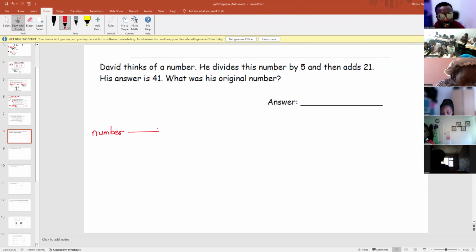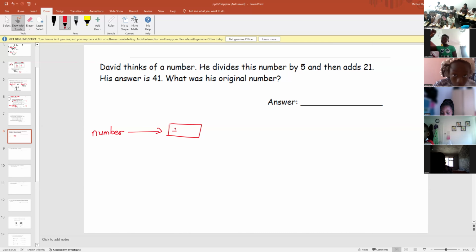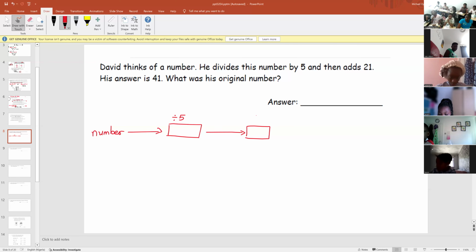So the first thing he does is divide by 2. After dividing the number by 2, he adds 1, then he has an output.